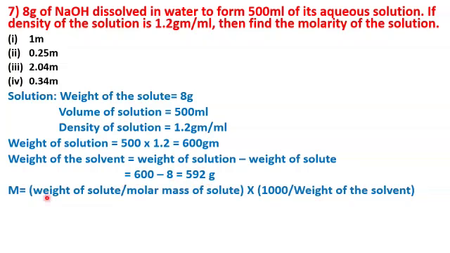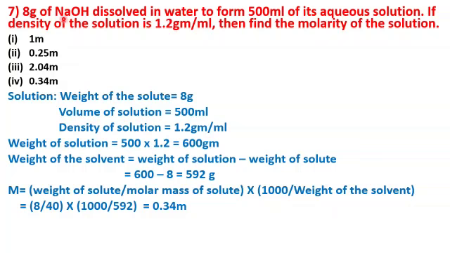Then you can calculate molarity by using the formula: weight of the solute divided by molar mass of the solute, into 1000 divided by weight of the solvent. Substitute all the values. The weight of the solute is 8, the molar mass of the solute is 40, that is the molar mass of sodium hydroxide.